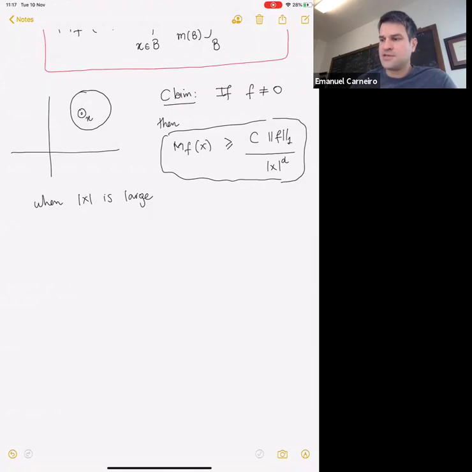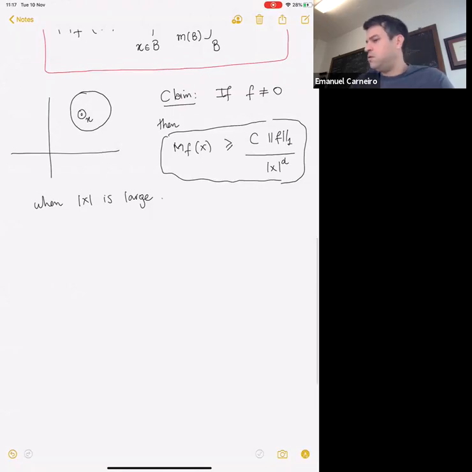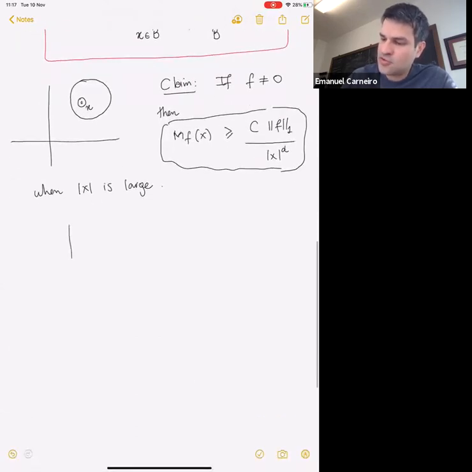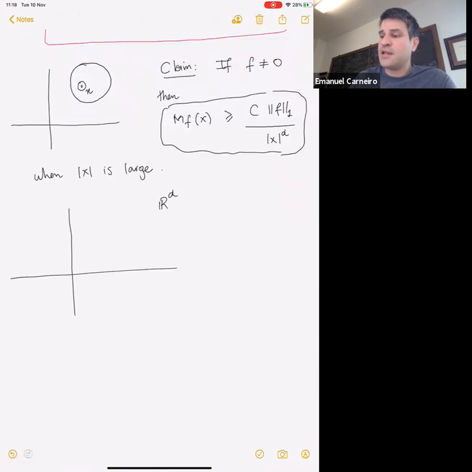d is always the dimension. Why is that the case? Let's do this. Suppose you have a function f living in the Euclidean space R^d, and I'm telling you that the function has norm strictly positive. It's not the zero function.